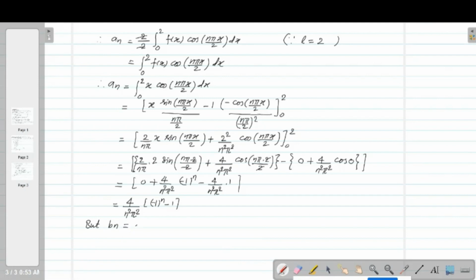Bn is 0. Name this equation number 2, and this is equation number 3.